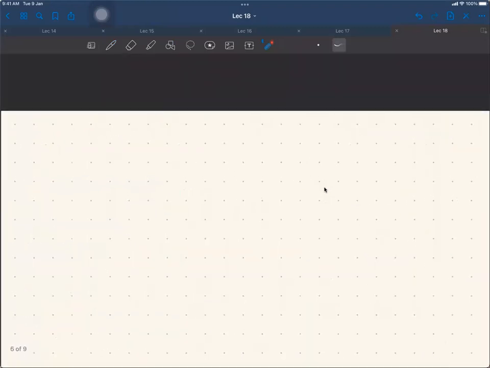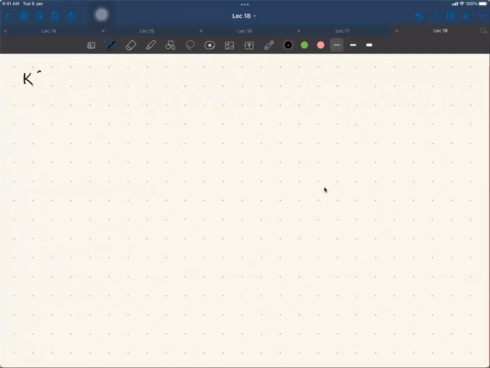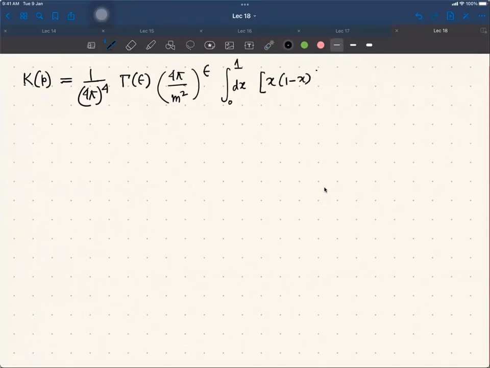So what we have found so far is Kp is equal to 1 over 4 pi to the power 4, gamma epsilon, 4 pi by m square to the power epsilon, integral dx 0 to 1 x 1 minus x to the minus epsilon by 2, integral dy 0 to 1 y 1 minus y to the minus 1 plus epsilon by 2, plus finite.